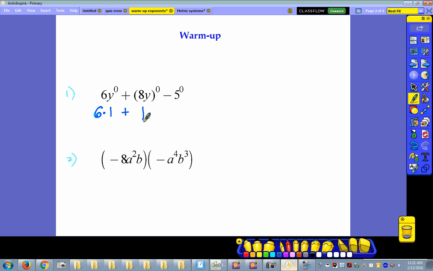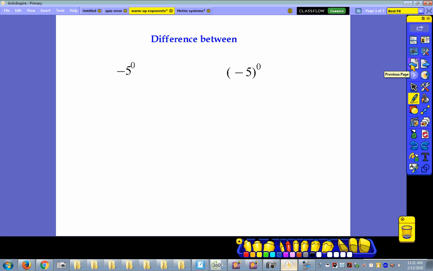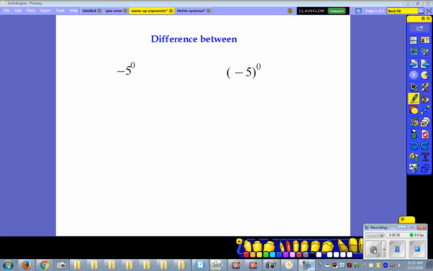Now before we answer negative 5 raised to 0, let's discuss the difference between negative 5 raised to 0 and the quantity negative 5 raised to 0. Here, the negative 5, including the negative sign, was raised to 0. Here, it's only the 5 that is raised to 0.